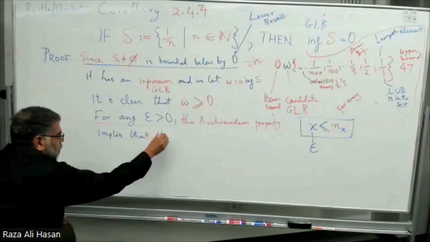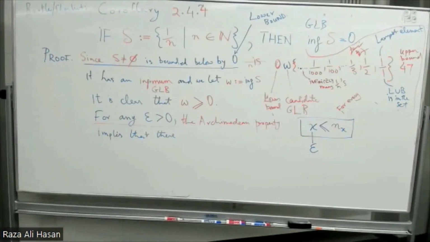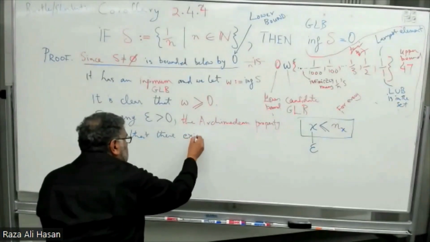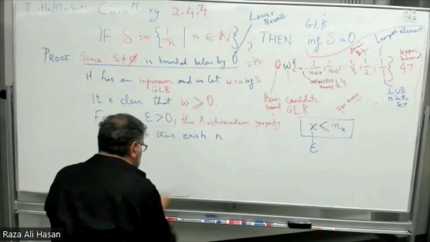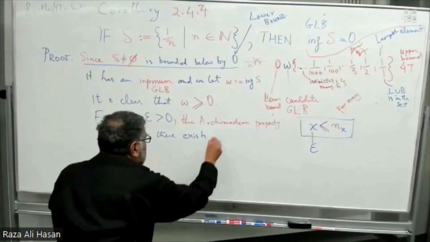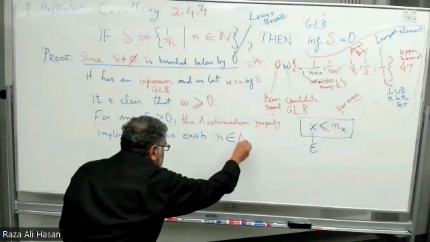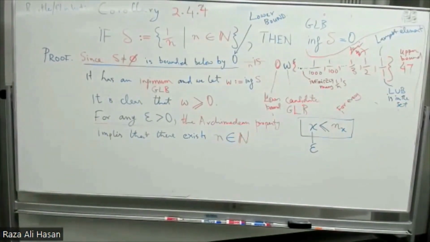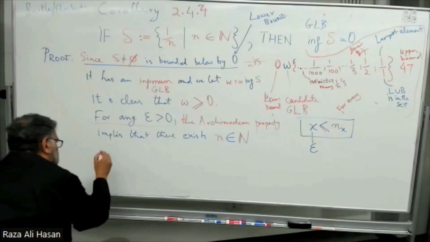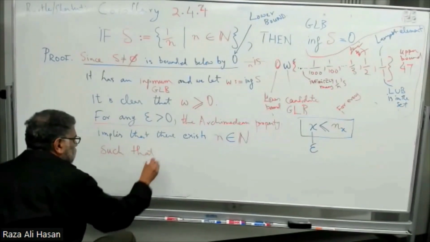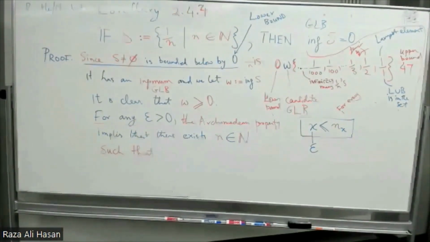that there exists an n that belongs to the set of natural numbers, and then we go such that, and this is where they go a little wonky.